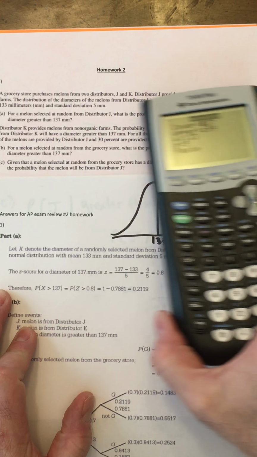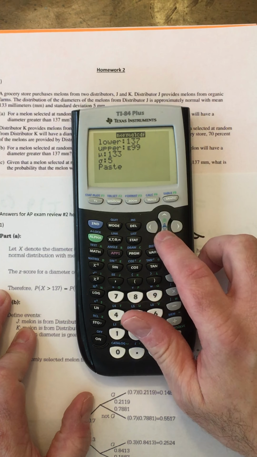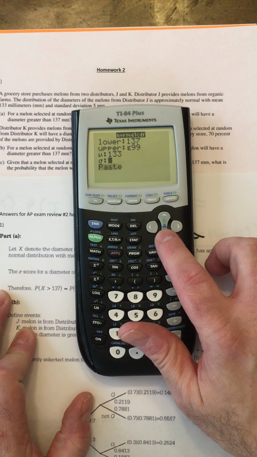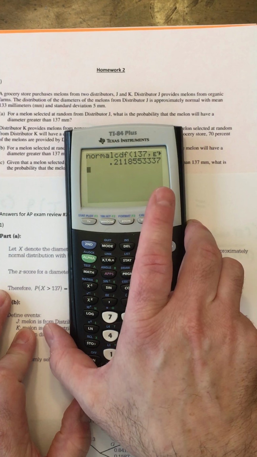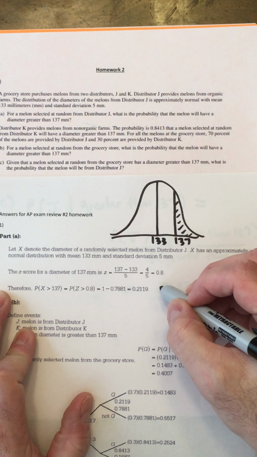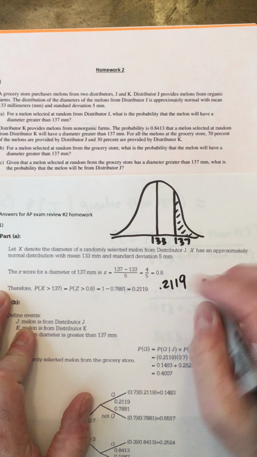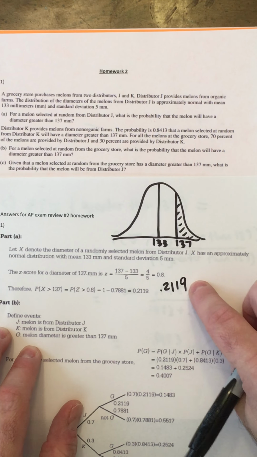You put in the lower bound, which is 137, to infinity. The mean is 133. The standard deviation is 5. So we get 0.2119. So this first answer is 0.2119. I don't know if you could read that here. Okay, so that's for part A.